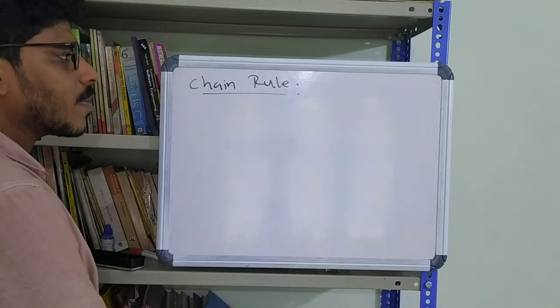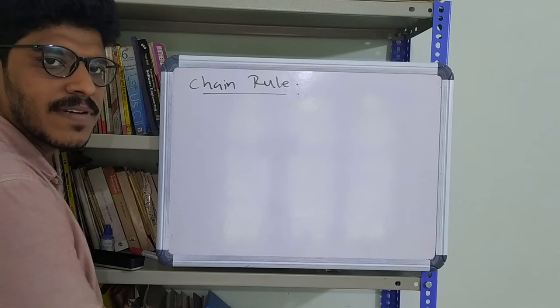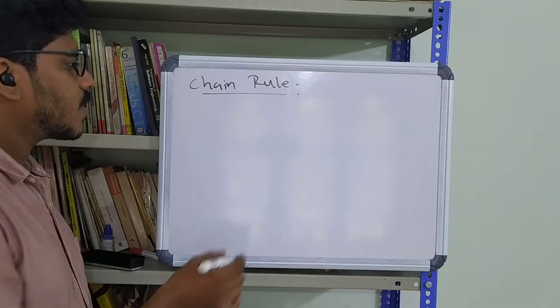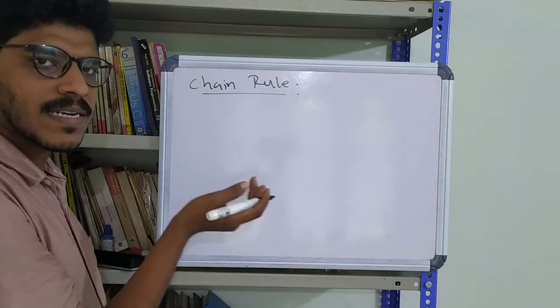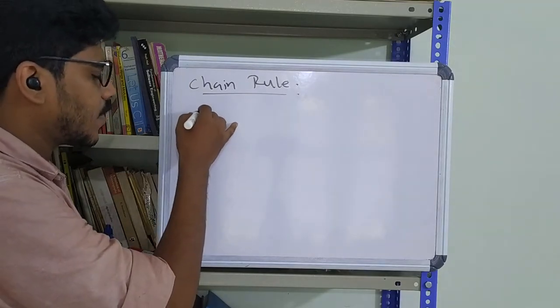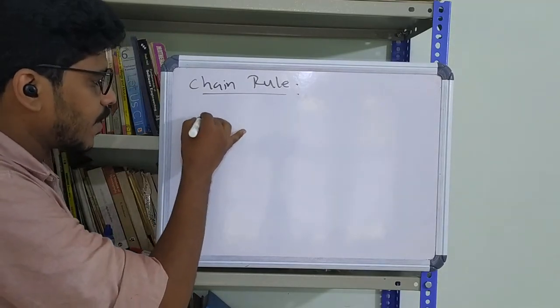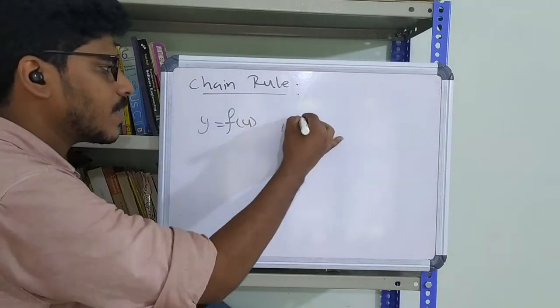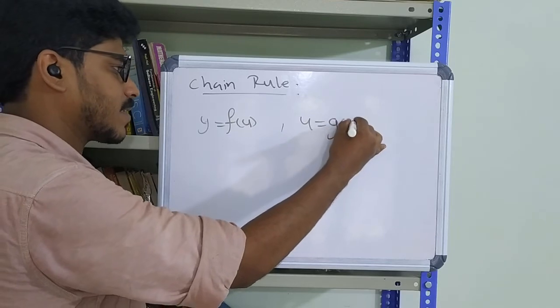Hope you remember the chain rule for ordinary derivatives, which we have already seen in the previous classes. Like if you have a function of a single variable, say y equal to f of u, where u is again a function of x.